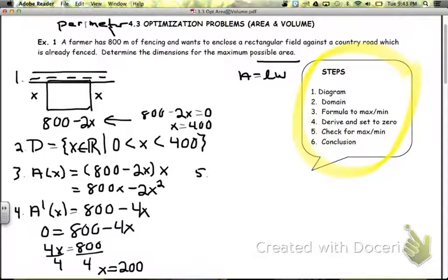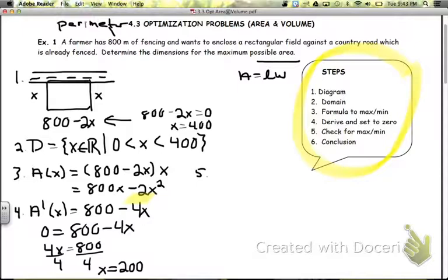In this case, we know that this value is going to be a max. The reason being is because our a value, if you look right here, is -2. Therefore, we know that this is a parabola that is opening downwards.